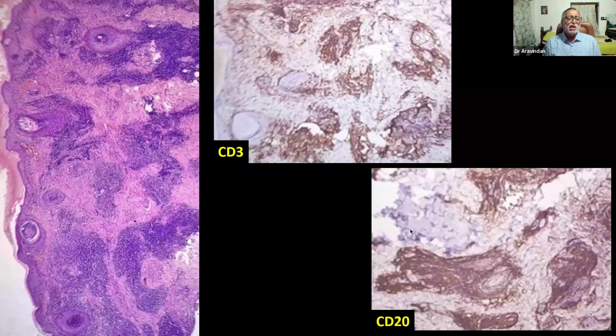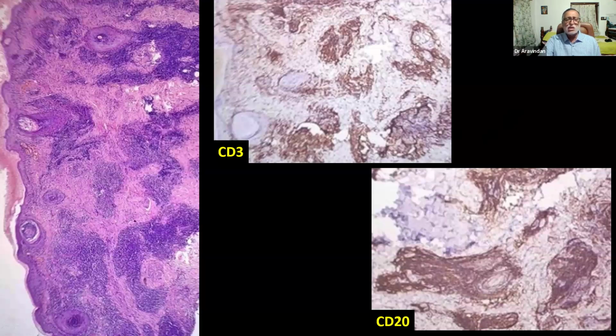And heavy lymphoid infiltrates, perivascular lymphoid infiltrates. Of course, always your problem is whether it is a lymphoma or a benign lymphoid hyperplasia. So immunohistochemistry may help, and frequently both T cells and B cells may be present. Sometimes in benign cutaneous hyperplasia, you may find lymphoid follicles staining with B cells.